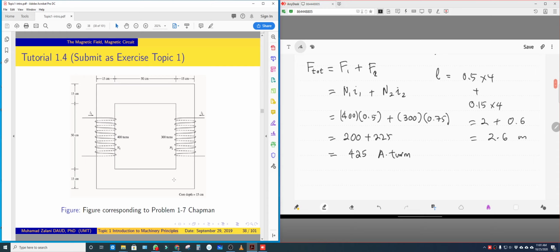Okay, how about A, the cross-sectional area? We know the width is 0.15 multiplied by the depth. The depth is also 15 cm.